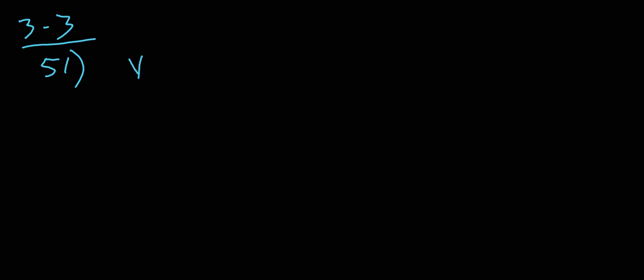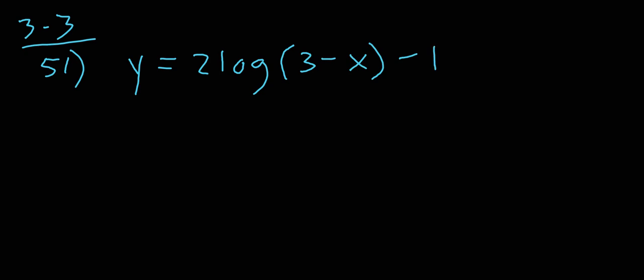Okay, so we're starting off with y equals 2 log of 3 minus x, minus 1. And they want me to describe the transformation, right? So you're starting out with just a basic log function.